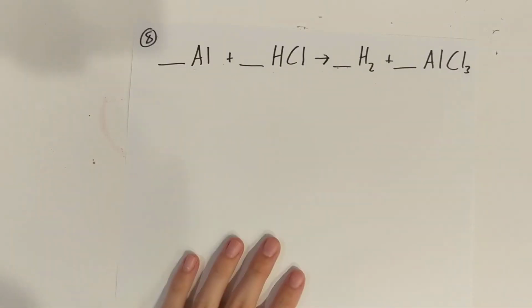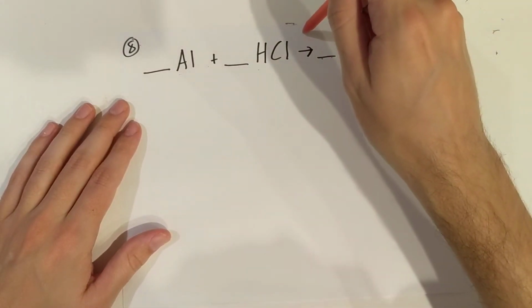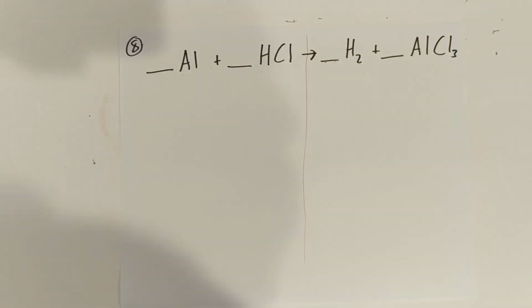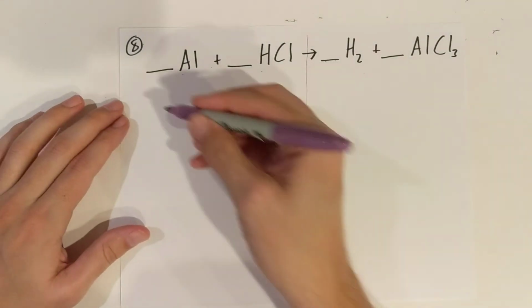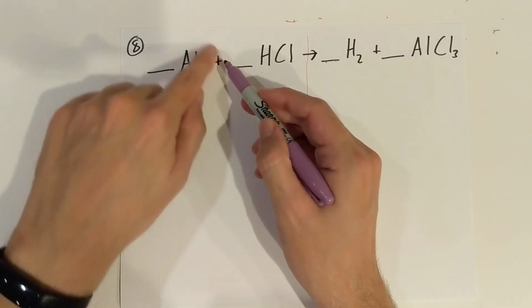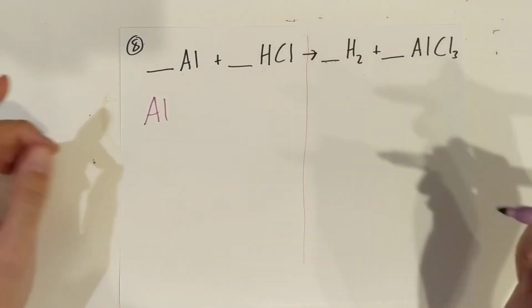All right, we are on our last question here. All right, reactants and products. And we got aluminum. And again, look at this. Aluminum all by itself. So we can do aluminum last, because we can just change it to whatever we want.